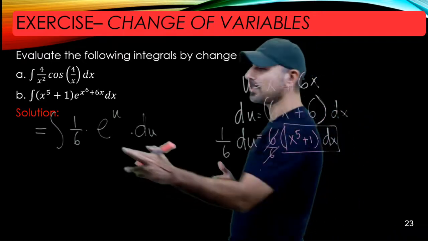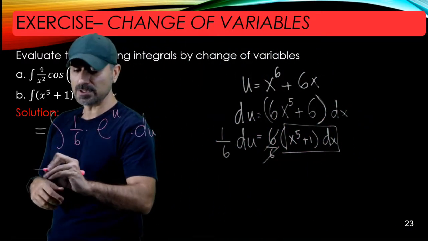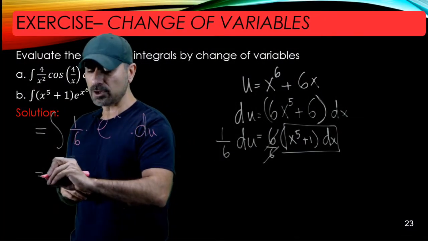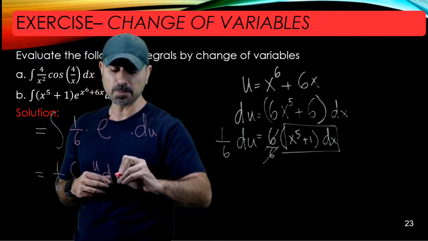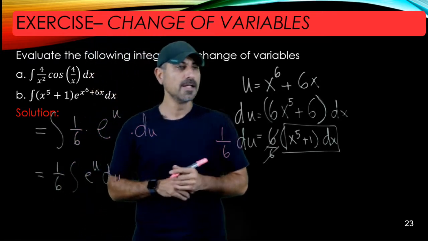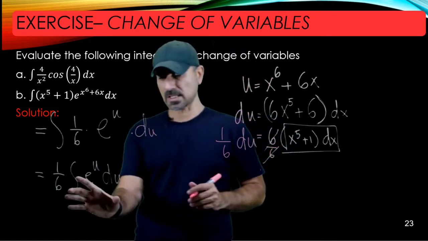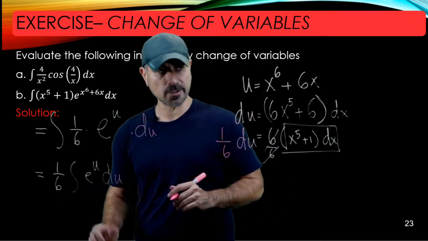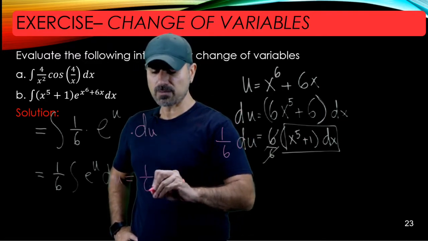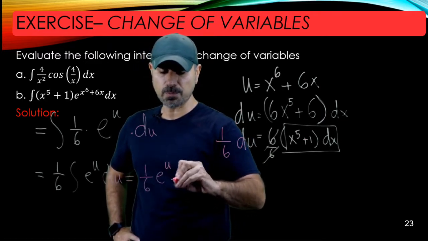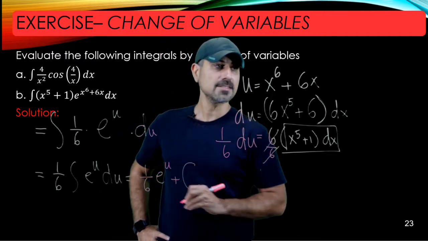In short, you have 1/6 e to the u du. If you pull out 1/6, you just need to worry about this simple integral, e to the u du. And we know how to integrate this because this is in our integration formula card. And this is, in fact, 1/6 e to the u plus the integration constant.